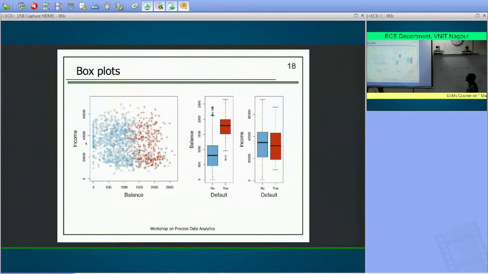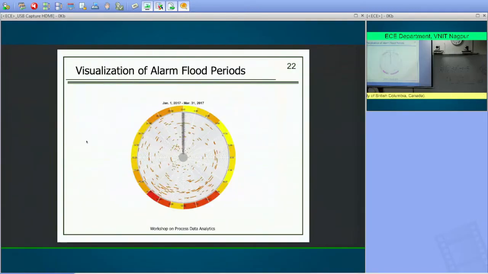I really like these plots, these circular plots. So on the outer circle, you have the time of the day. It's like a clock, and every circle inside that represents a day. So this is for data from January 1st, 2017 to March 31st, 2017, right?